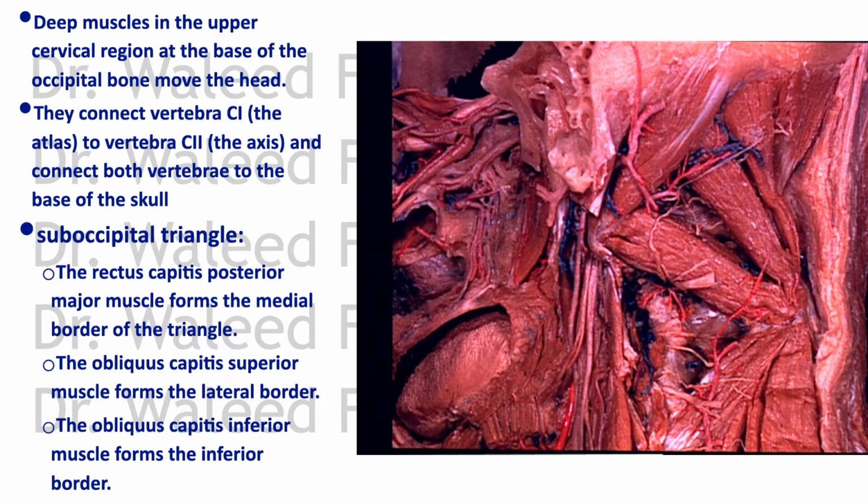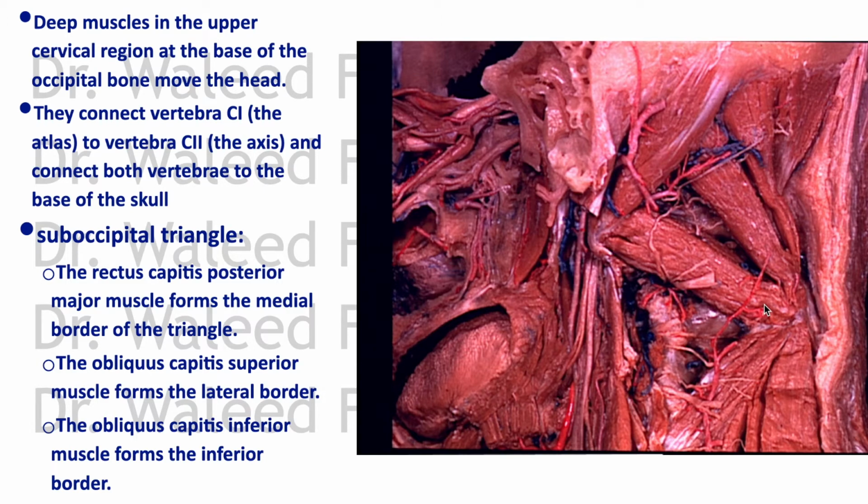Today we're going to study a special part of the deep group of muscles of the back at the neck region, at the back of the neck, right beneath the skull. It's called the suboccipital triangle, composed of muscles that connect. We will work on the atlas and the axis, the first C1 and C2 vertebrae.